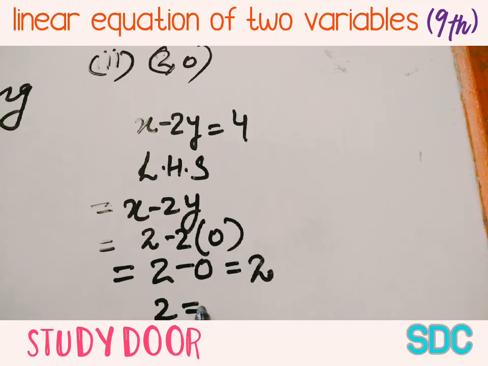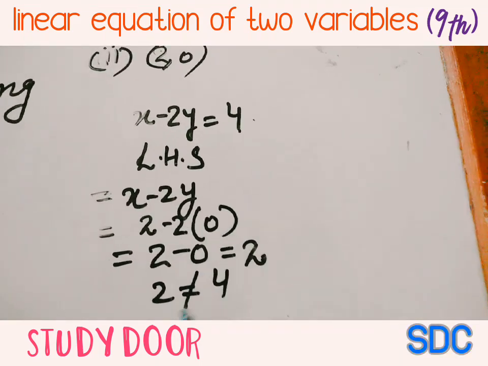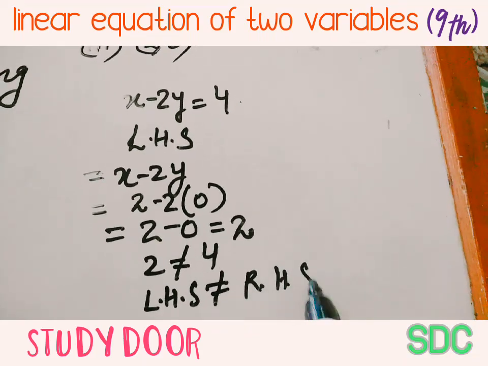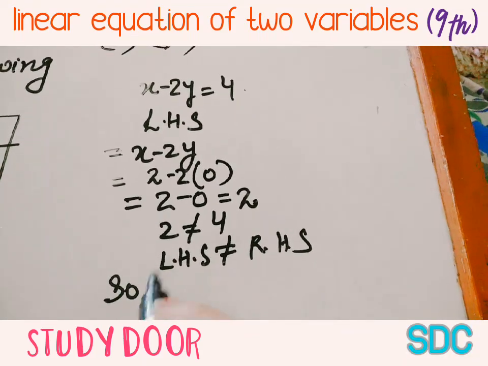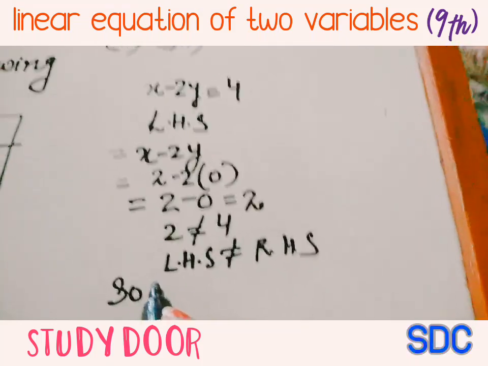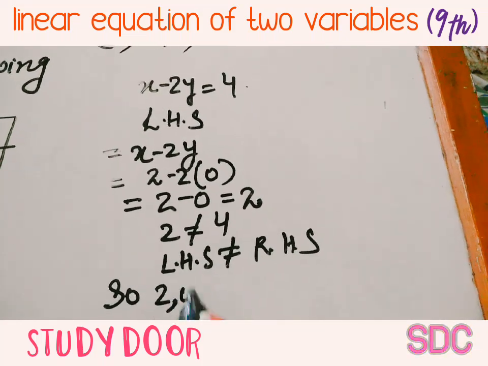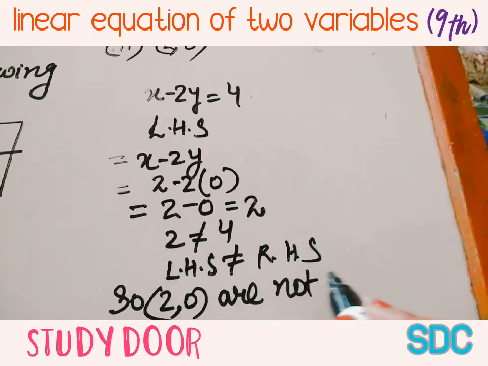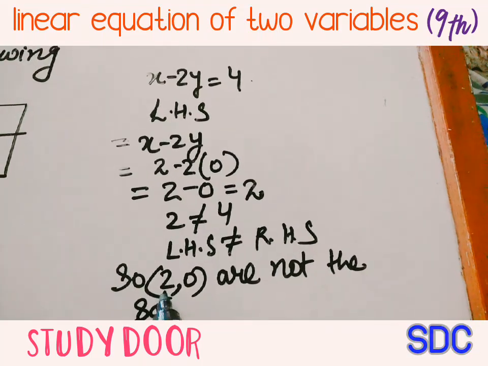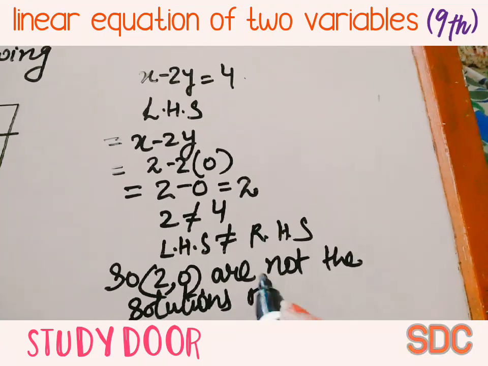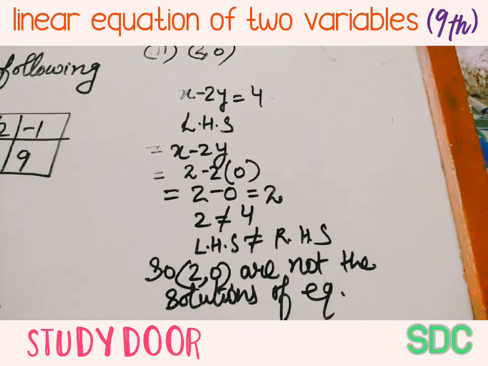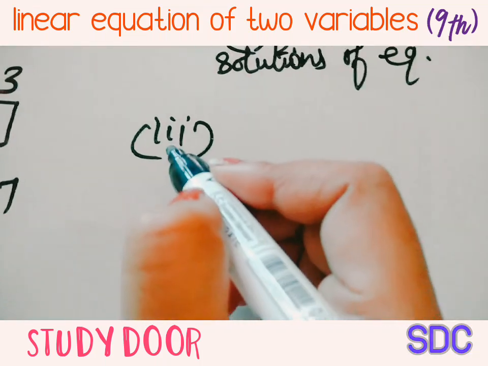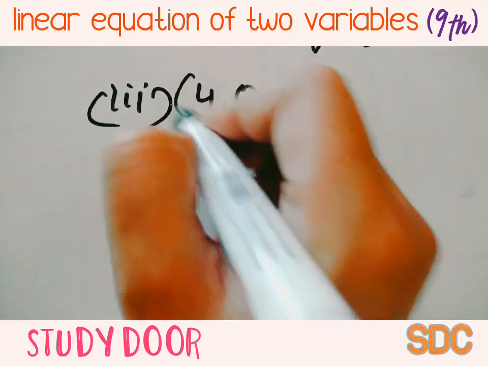So 2 doesn't equal the right hand side, that is 4, which means the left hand side is not equal to the right hand side. So we can write that the values 2 and 0 are not the solutions of the equation.